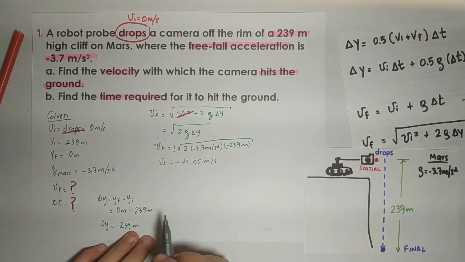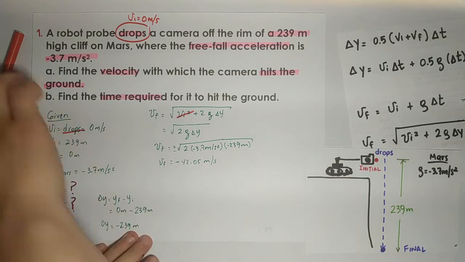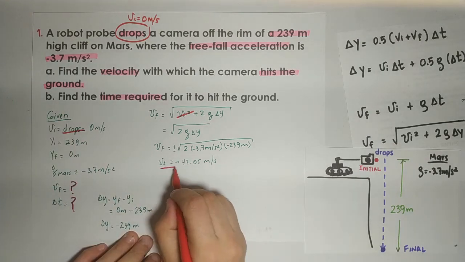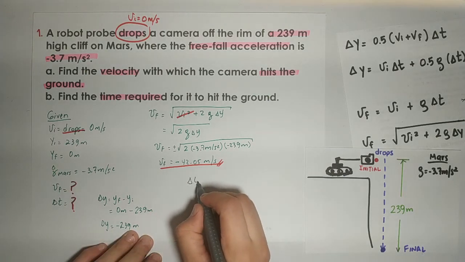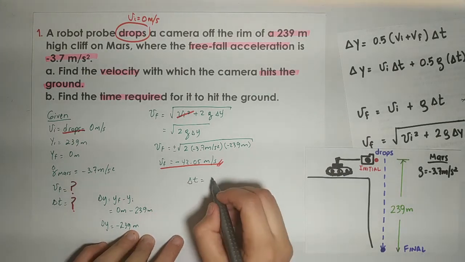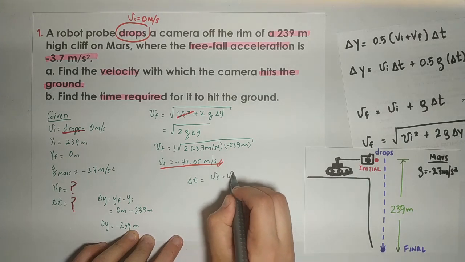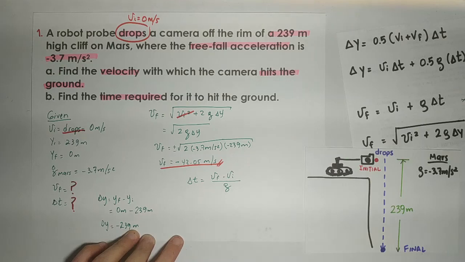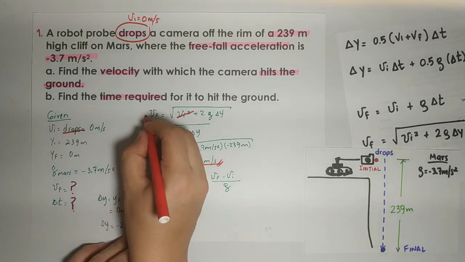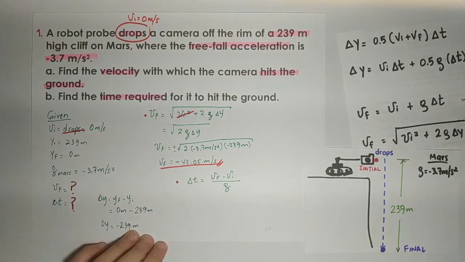Now that I have my final velocity, I'm going to be able to find the time. From the last exercise, we learned that the expression useful for finding the time is final velocity minus initial velocity divided by gravity. This is one expression, this is the other expression, okay?